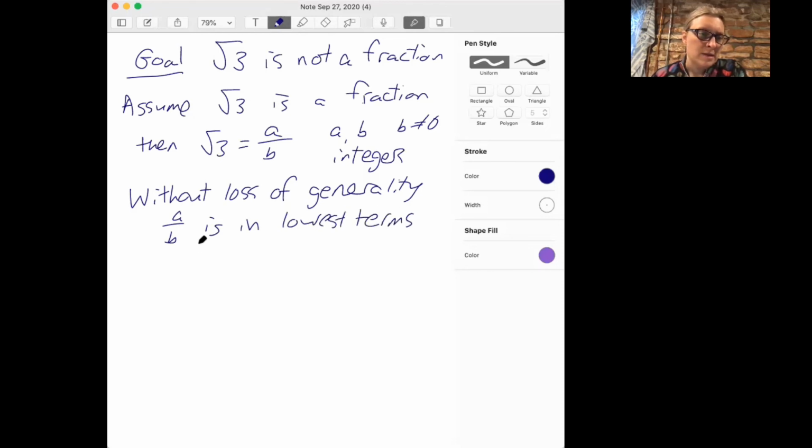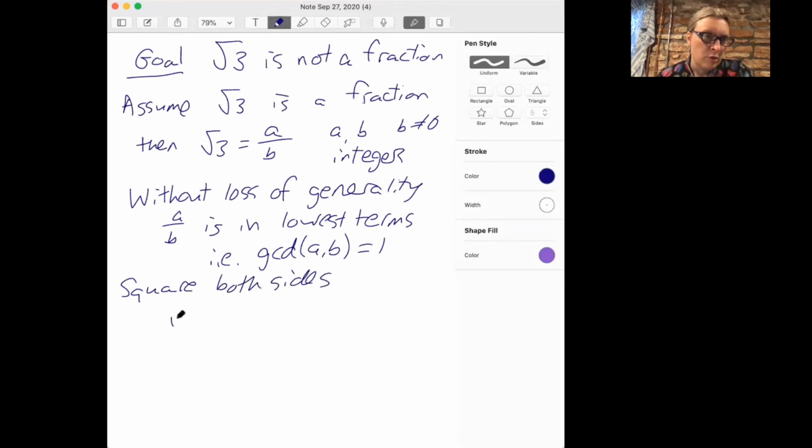What that means is that there are no factors that a and b have in common. So the greatest common divisor of a and b is 1. Okay, and then we're going to square both sides.